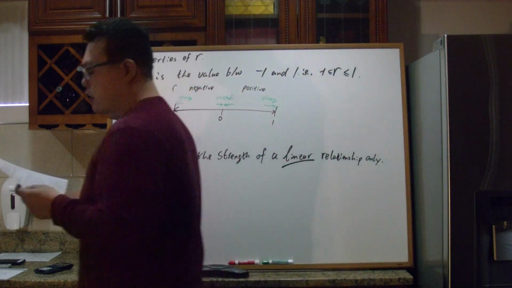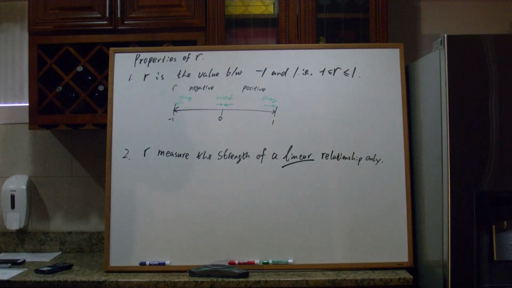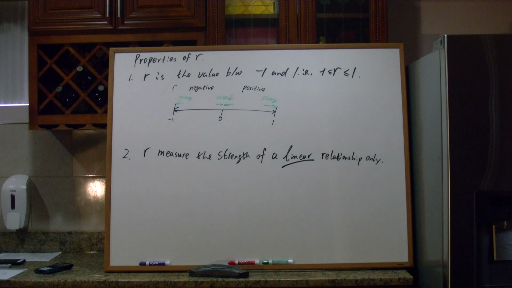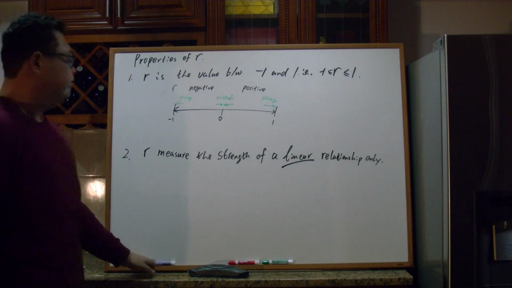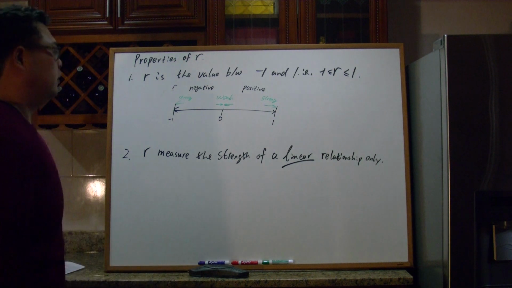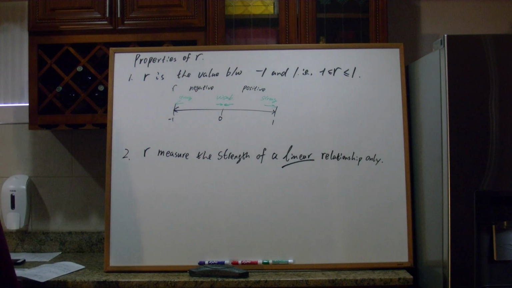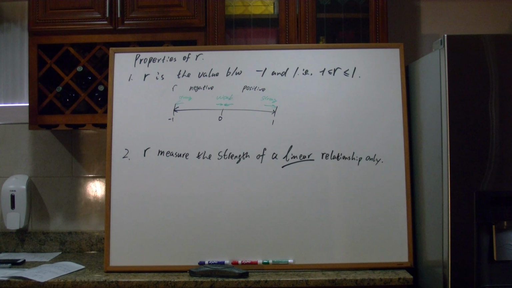Right, it measures the linear relationship only. We cannot use it to measure something like a parabola or something exponential or logarithmic, other types of correlation. It only measures the linear correlation of the pairs.